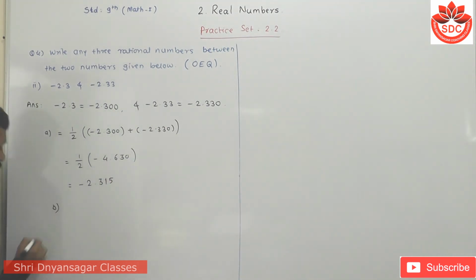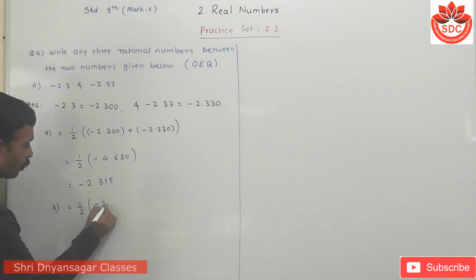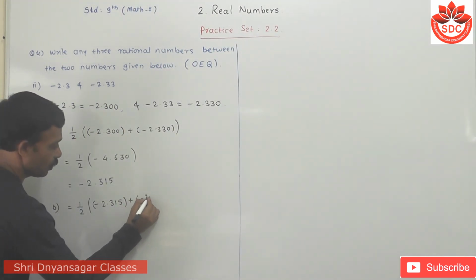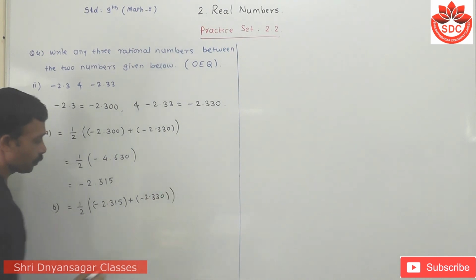Then we find the second one by taking the addition of any two. Now I take here -2.315 plus our next one, -2.330.